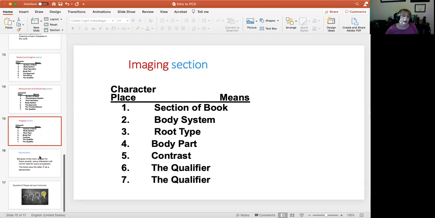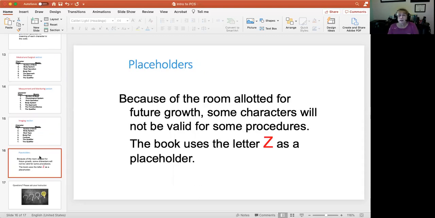All right. And the placeholder, as I mentioned before, the letter Z means right now we don't have anything to go in that spot. But you never know, because this is ever growing. As a matter of fact, between 2020 and 2021, I think I saw they added 500 more codes to the PCS book.